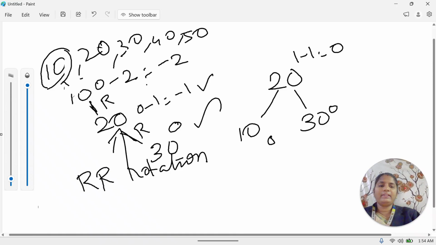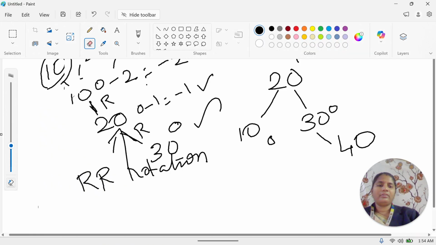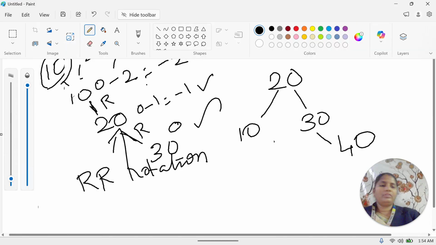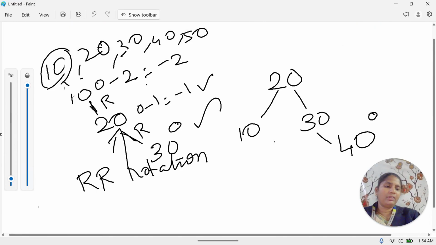Next we have to insert 40. If we insert 40 here, we need to check the balancing factor. For 40, the balancing factor is 0.